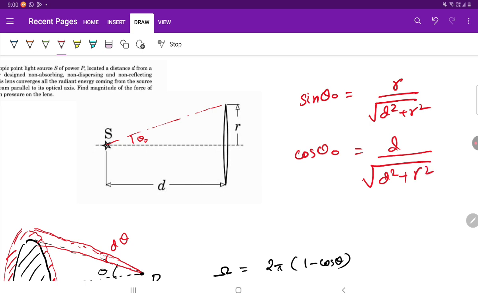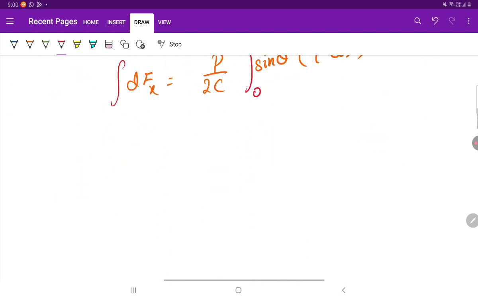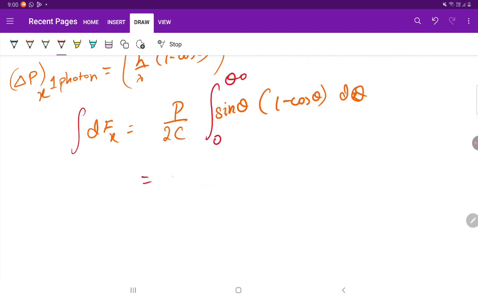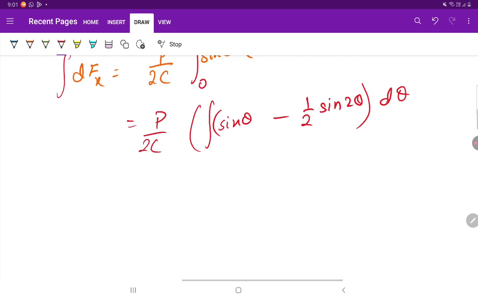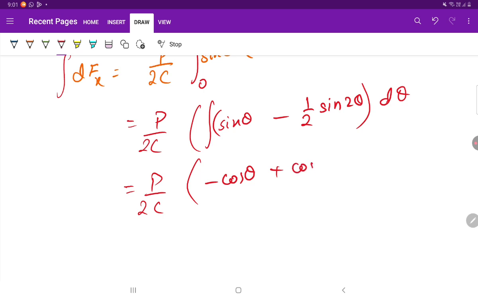These are basic trigonometry rules. Now just doing the integral, you'll get P by 2c times the integral of sin theta minus sin theta cos theta, which can be written as 1 by 2 sin 2 theta, d theta. On further evaluation, the integral of sin theta is minus cos theta, and minus 1 by 2 sin 2 theta integrates to plus cos 2 theta by 4.